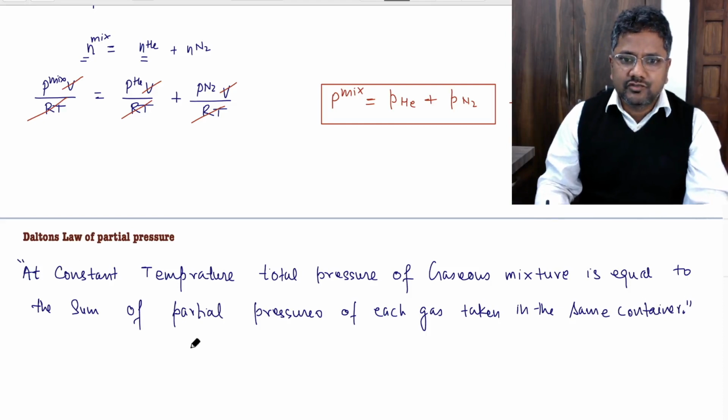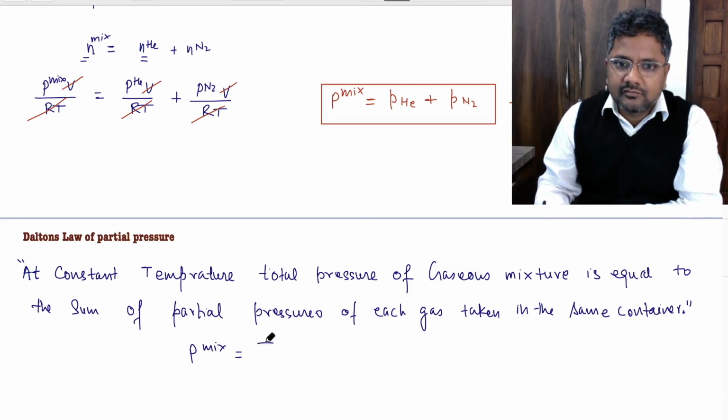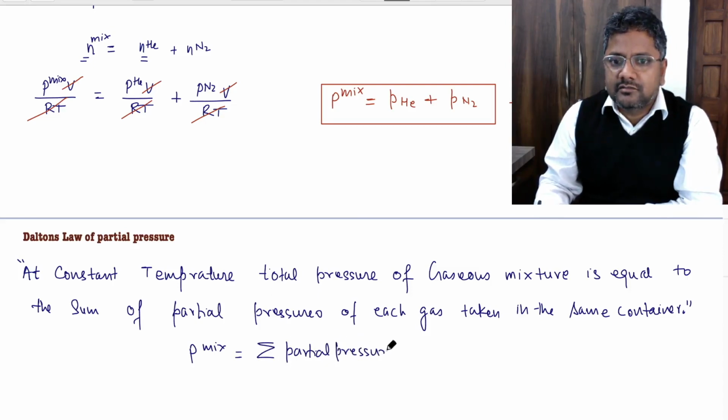Right? So you can write P mixture is equal to sigma of partial pressures. Right?